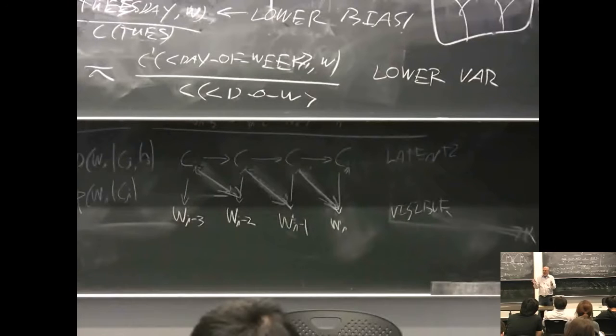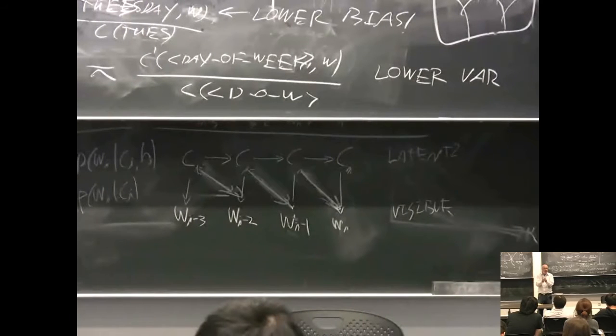If you have moderate amount of data and there's some difference between them in the frequency with which they occur after Tuesday versus after Wednesday, do you think that difference is because of random fluctuations in the sample? Or do you think that difference is because they really are different? If it's because of random fluctuations, you should put them together because you will reduce your variance. If it's because of true difference, then you shouldn't.